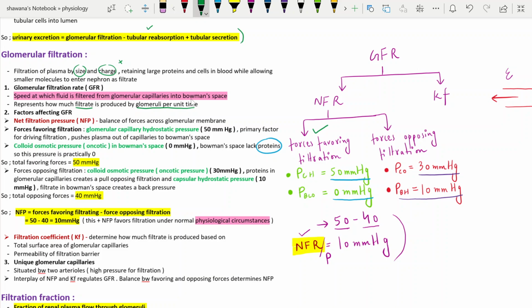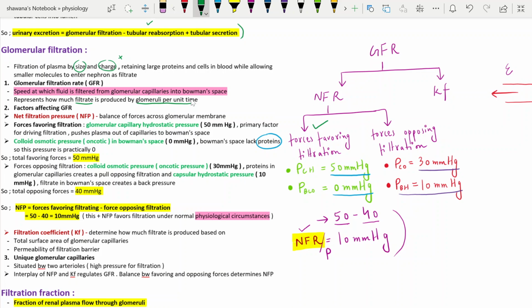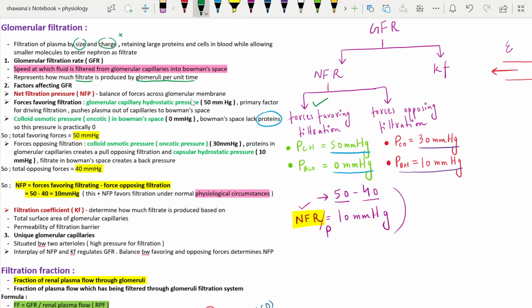Under the normal physiological circumstances, when the urine is being formed, forces which are favoring the filtration are slightly more than the forces opposing the filtration. So it's the same thing written in this theory. You can read it by pausing the video: the hydrostatic pressure of the capillary is the favorable force. The oncotic pressure in Bowman's space is also favorable.